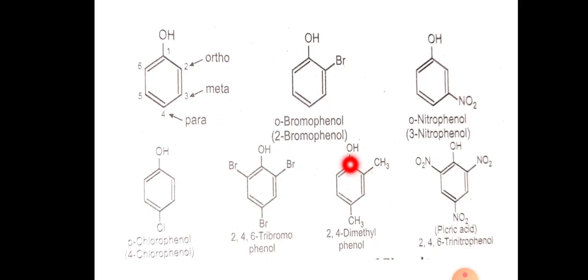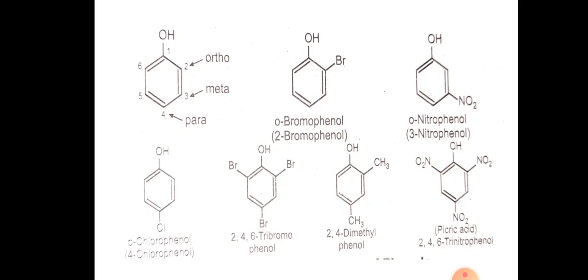Actually this is 1, 2, 3, 4, 5, 6, that means 2 and here 4, okay, 2,4 methyl, therefore dimethylphenol. And the last example, a hydroxyl group and NO2 groups. Here numbering starts from this hydroxyl, 1, 2, 3, 4, 5, 6, that means 2,4,6-trinitro, 3 nitro groups, therefore trinitrophenol, also called picric acid.